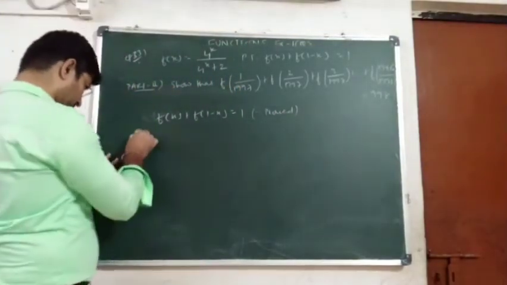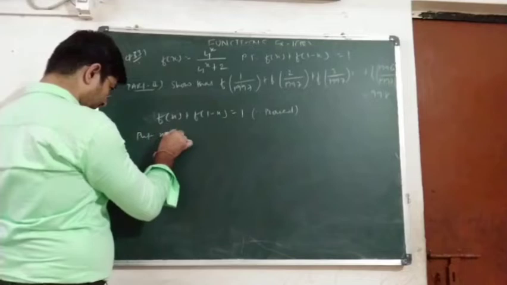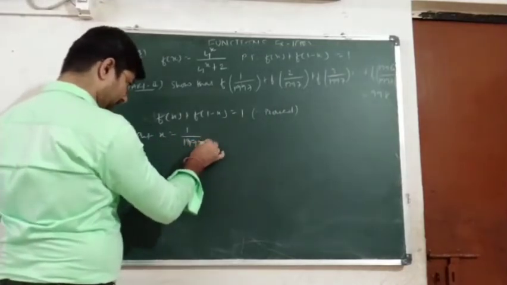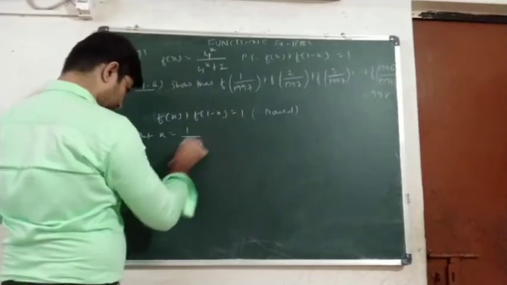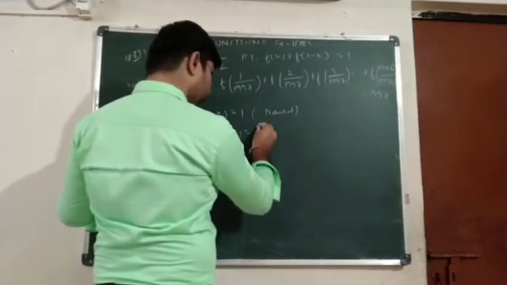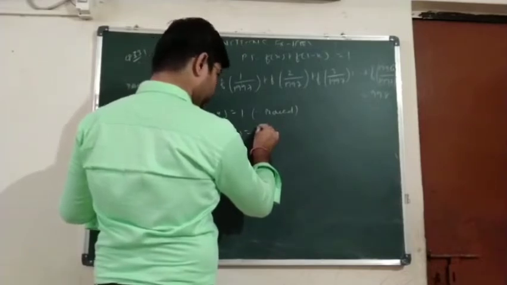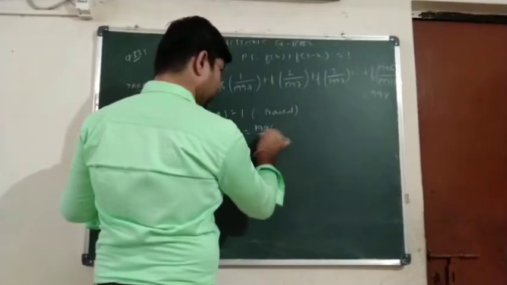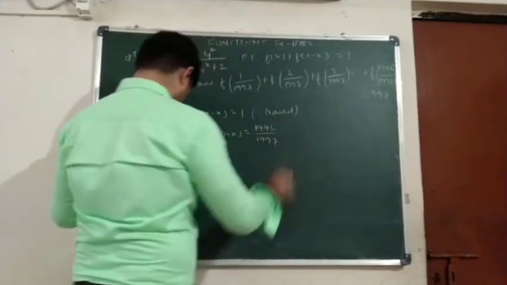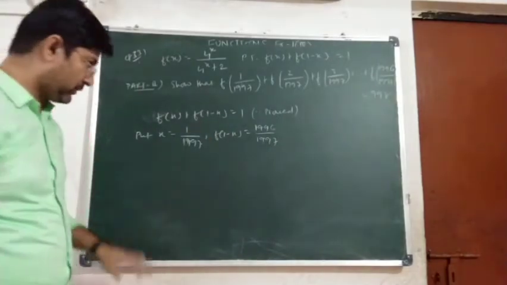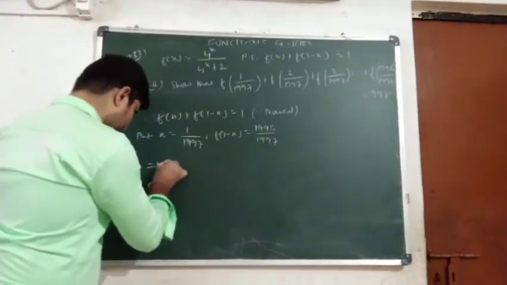Now if you put x is equal to 1 upon 1997, then 1 minus x will be equal to 1996 upon 1997, and we know that f of x plus f of 1 minus x will be equal to 1. Yes or no?